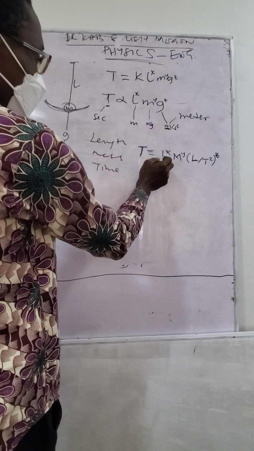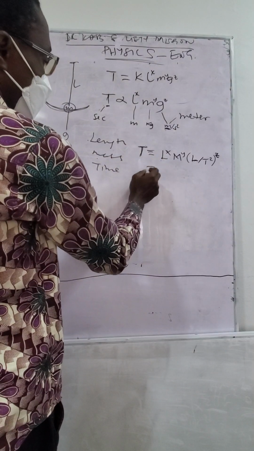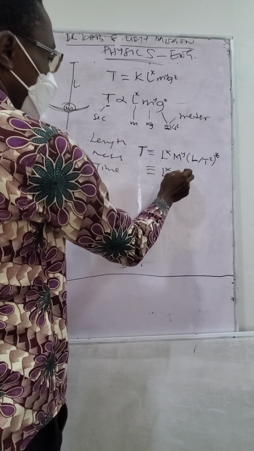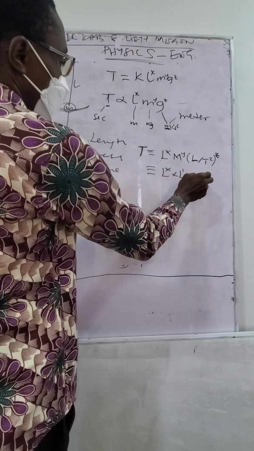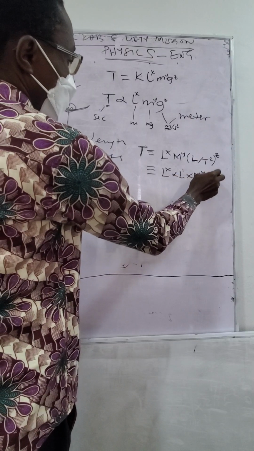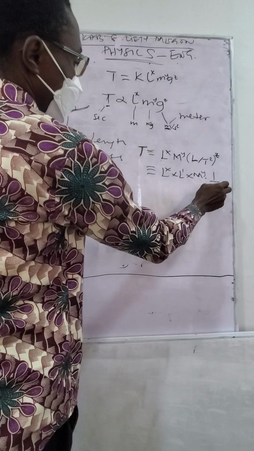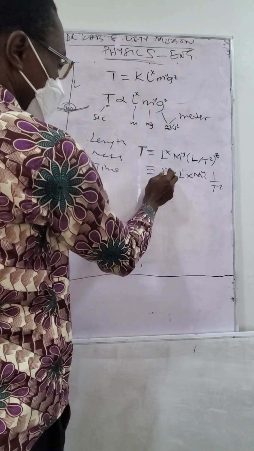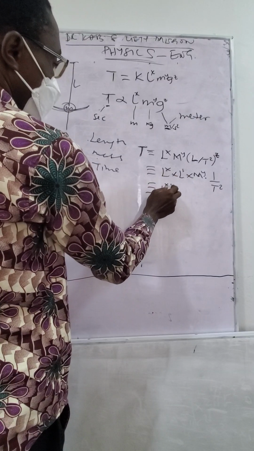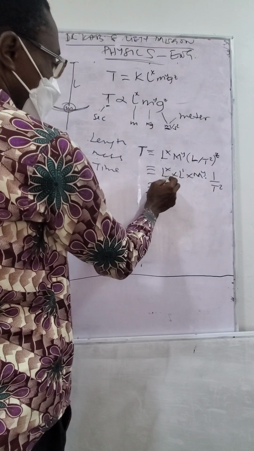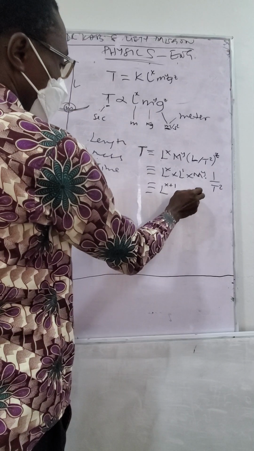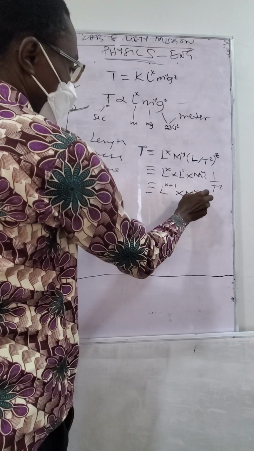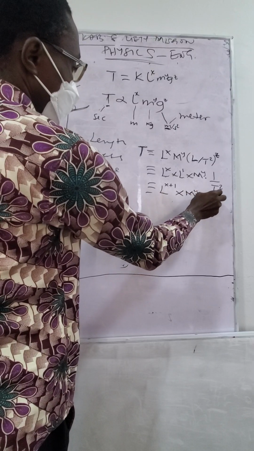Now this length is going to be proportional to L times L to the power 1, M to the power y, times 1 over t squared. This can be rewritten as L to the power x plus 1, because it's times, plus times, M to the y, times T to the negative 2.